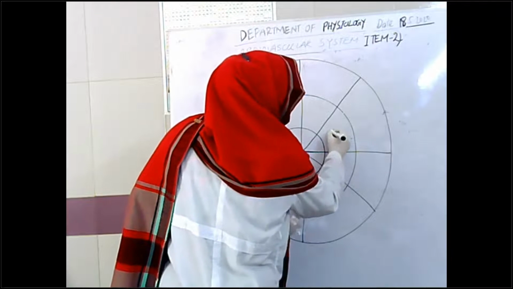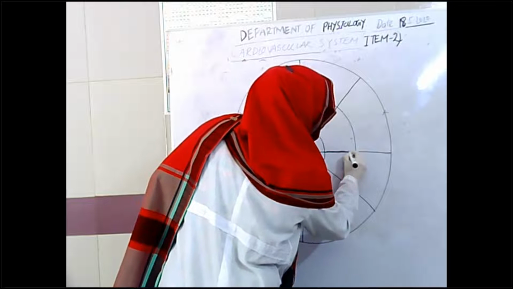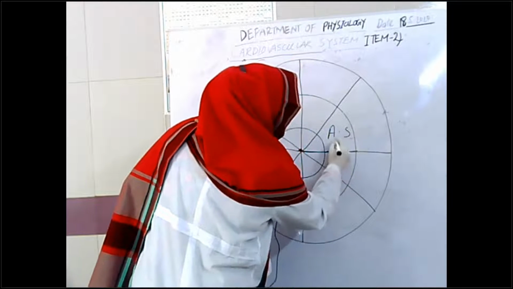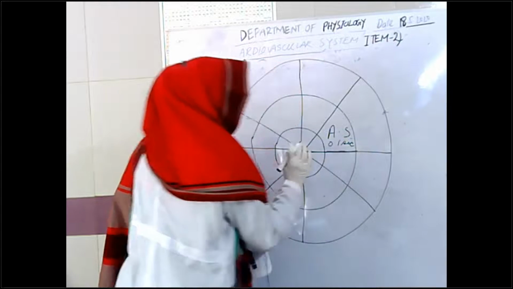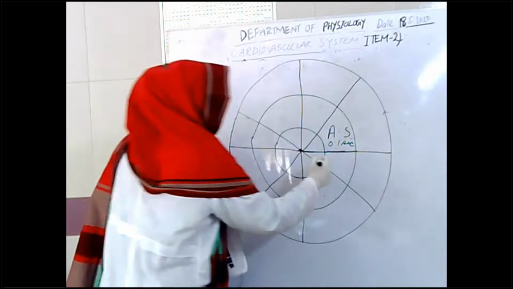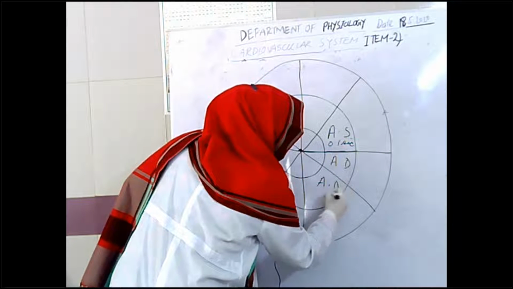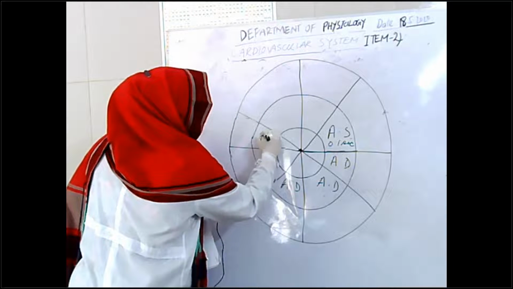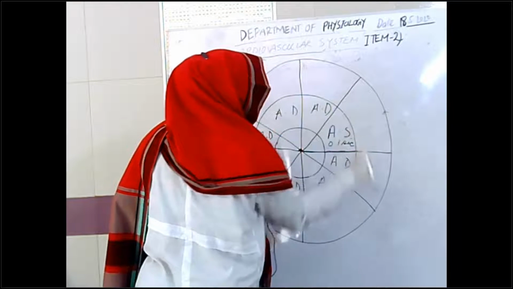Now give here, at the middle side, atrial systole, 0.1 second. Already I mentioned atrial systole is 0.1 second. Now these areas are all atrial diastole.